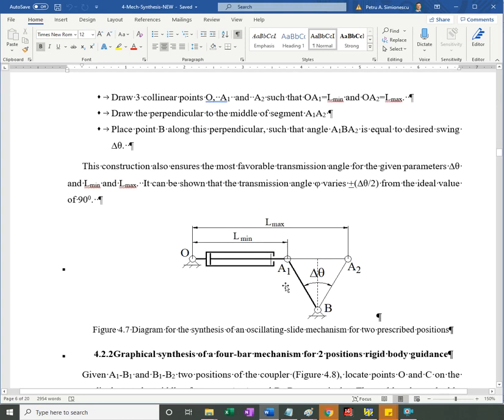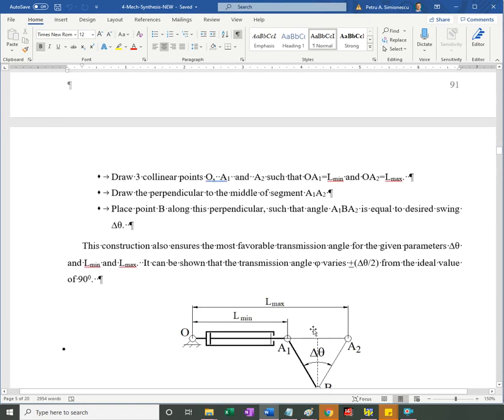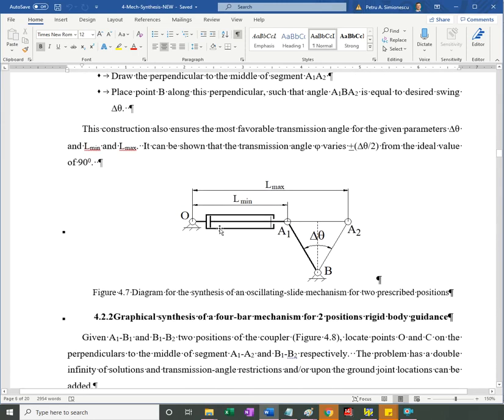Okay. How do you get the linkage? Would be one of these, but now we want to get the best transmission angle, like I said. So the procedure is as follows. You draw the output link in its limit position.